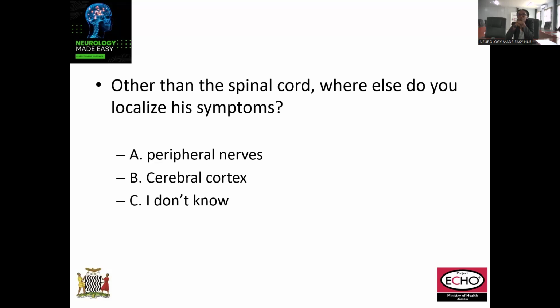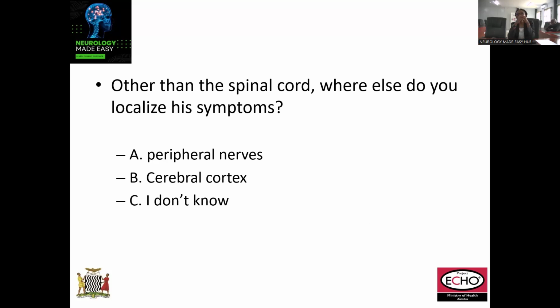Okay, so we have the majority going for cerebral cortex. And there are more people voting. Okay, so all right.